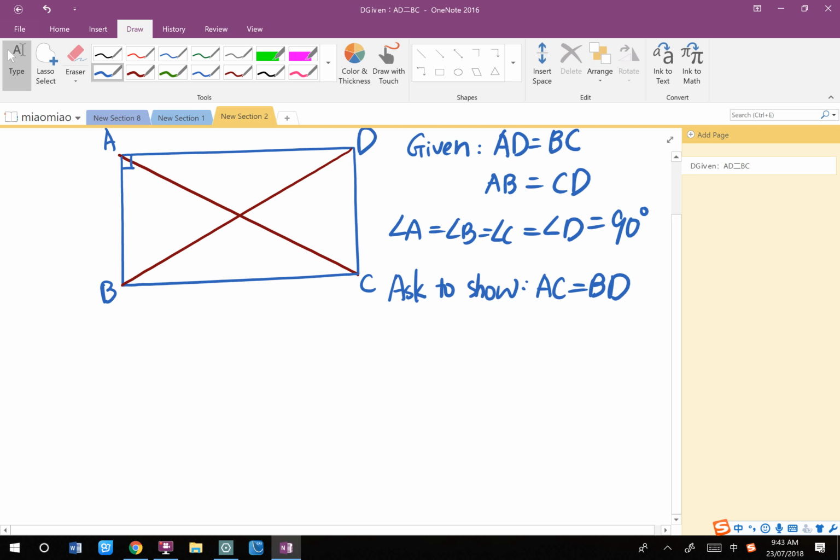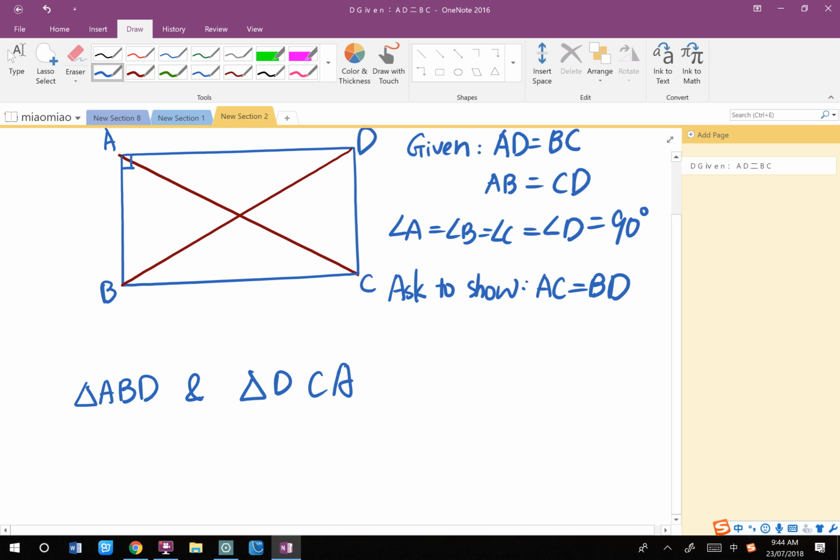Obviously the two triangles I want to use are triangle ABD and triangle DCA. Those are the two triangles I want to use.